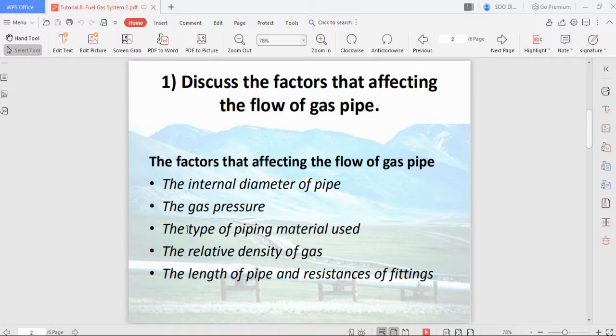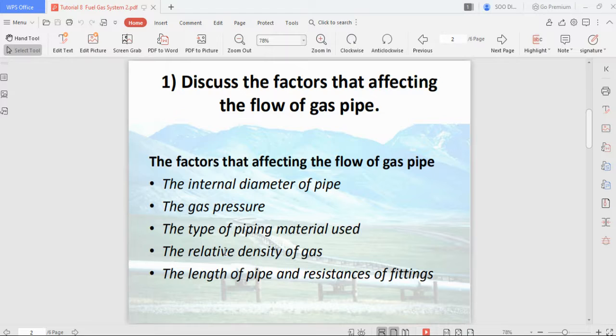How the material can affect the gas pipe, as far as I know, is corrosion. So usually people will use cast iron, so the gas will not corrode the piping, or even nature will not corrode the piping.